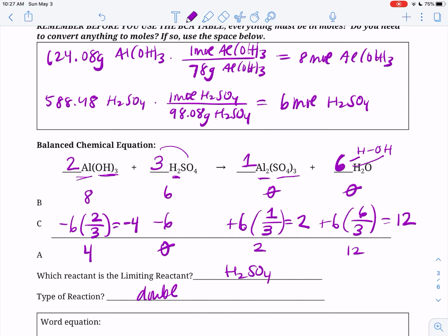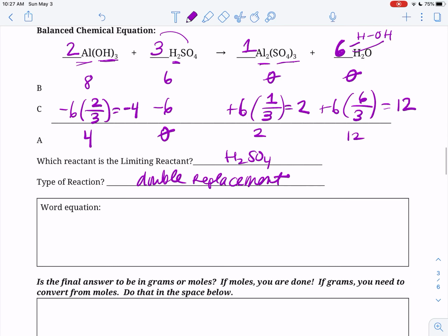This should be a double replacement because, again, it's 2 ionic compounds to start with, and they're switching partners, okay?